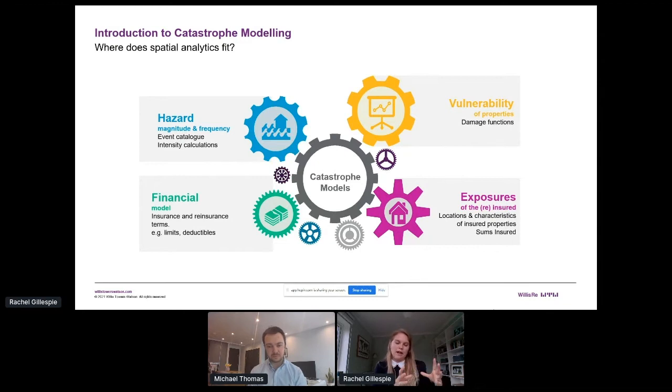Then in that location area we also gather information on what type of property it is, what construction type, what its roof is made of, does it have a basement, all of those types of things. That will then feed into the vulnerability section that I just spoke through.